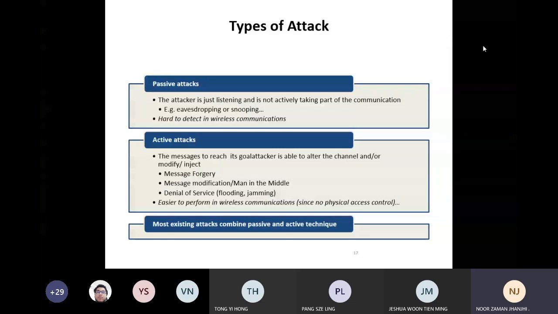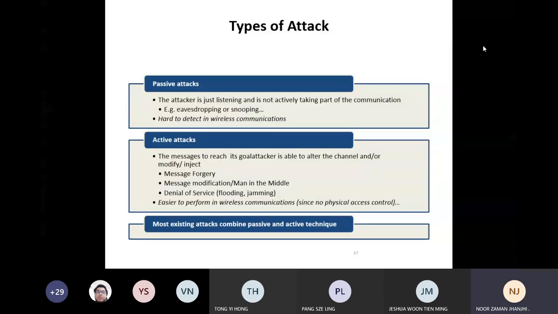their desired aim. In an active attack, the messages will be disturbed. Either the attacker can change the contents of the message, or redirect the contents of the message, or replace the contents of the message completely, or modify things, or bring a denial of service, flooding, or anything, whatever it is.